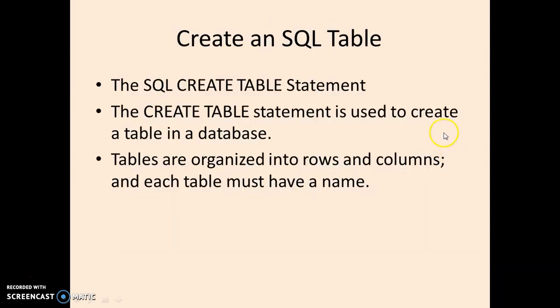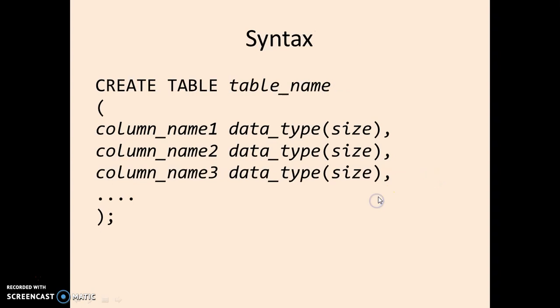All right. Now, the first thing we do is we create a table. The tables, obviously you saw that they're organized into rows and columns, and each table must have a name. So we're going to use the name BBCPrograms. How do we do that? Here's the syntax. We type in create table and the table name, and then we type in the column name and the data type.